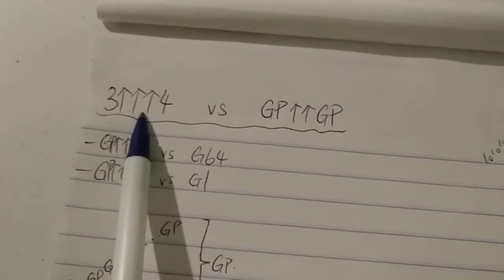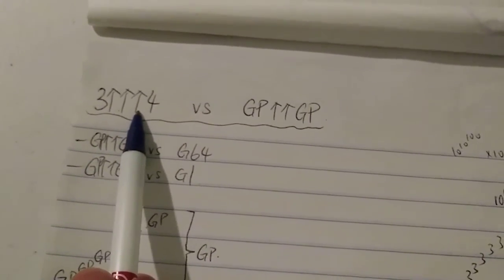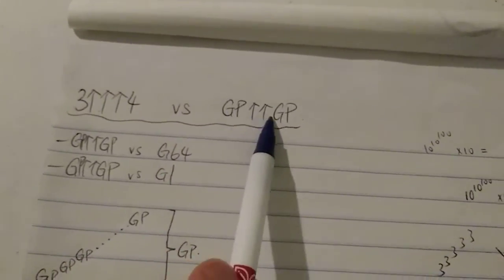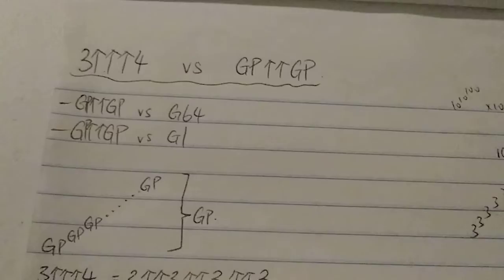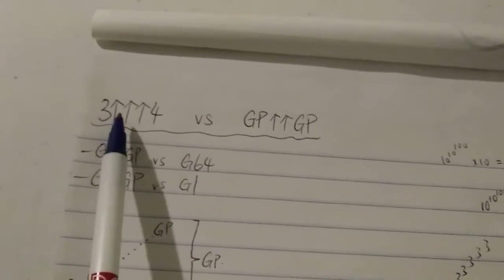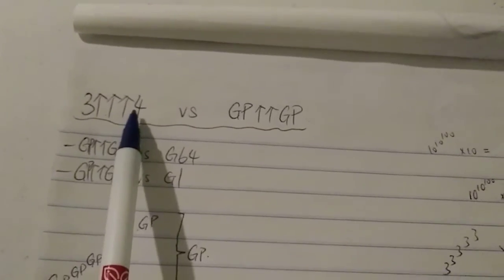So that's why this one is the smallest thing you can make that beats Googolplex double arrow Googolplex. Of course, you can use 4 arrows, which would be even way bigger, or you can use three arrows with 5, but this is the smallest one.